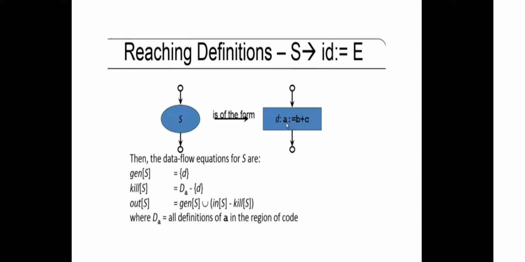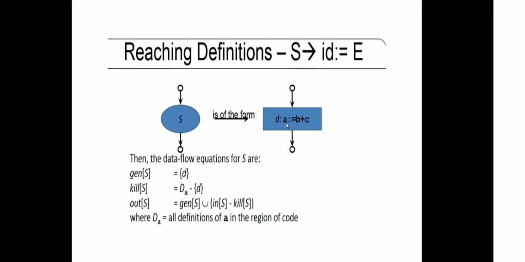This is definition D. So what is the data flow equation? Out of S equals gen of S union (in of S minus kill of S).